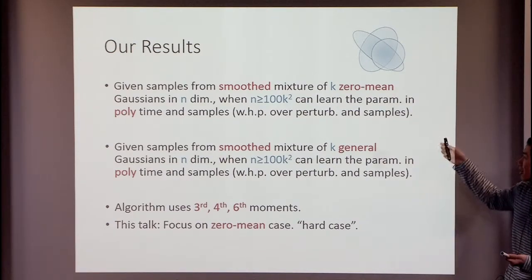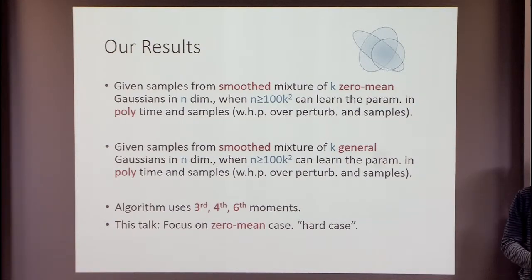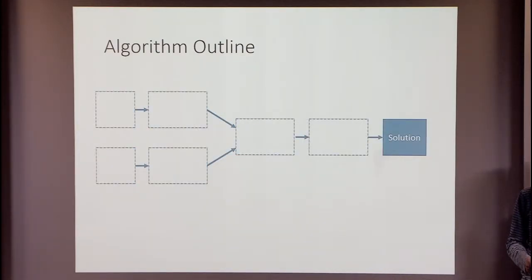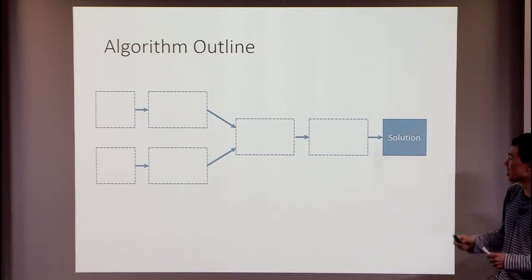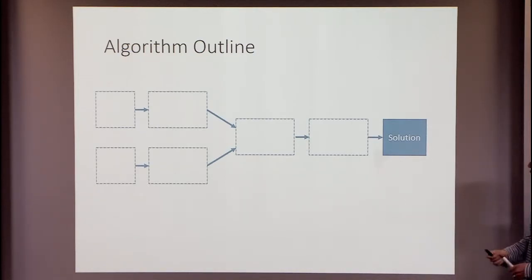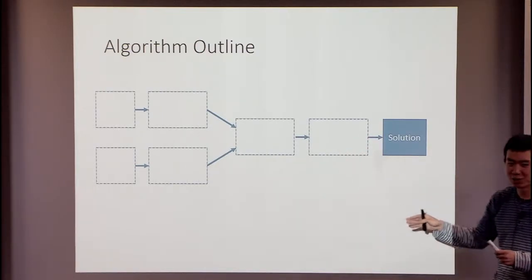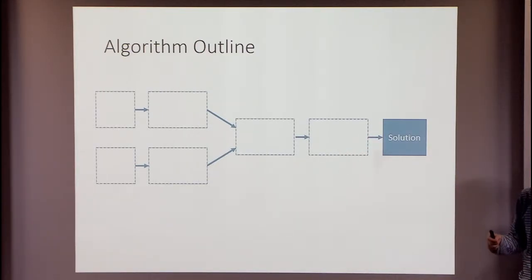So how do we learn a mixture of zero-mean Gaussians? Here's the algorithm outline, which shouldn't make sense now, so let's remove these steps. I will go step by step back from the solution and see why we need all these steps and how we do all of them.